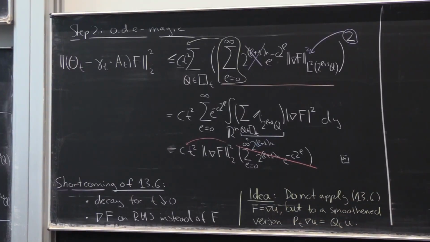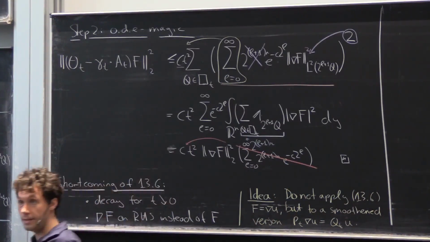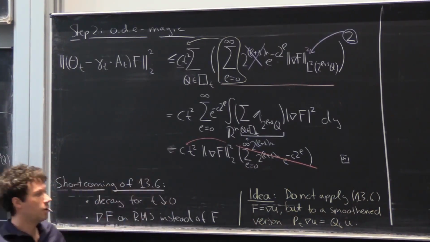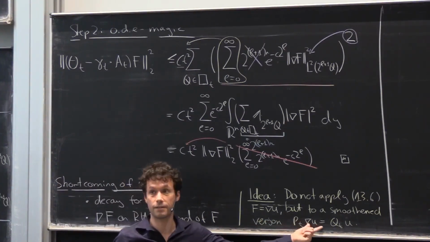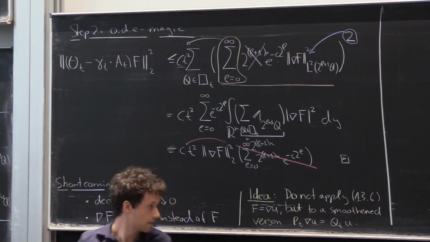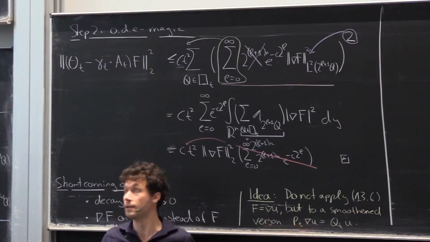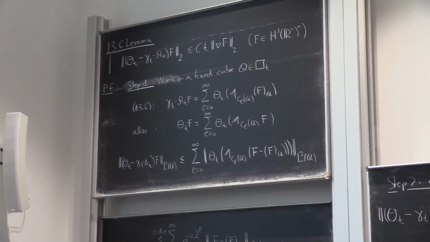Okay, so I'm going to introduce in a second a smoothing operator Pt, something like convolution, but I do it in a very precise way. And then I hope that when I introduce this additional variable via smoothing acting on the gradient of u, and I use 13.6 for the smoothed version, then the smoothing is going to help me with the quadratic estimates.